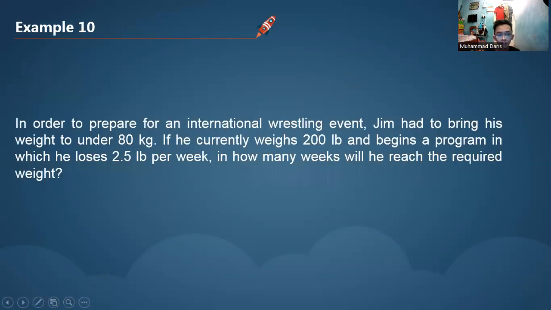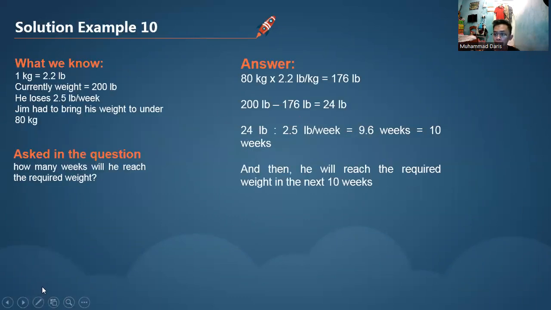Okay. Next, example 10. The question is, in order to prepare for an international wrestling, Jim had to bring his weight to under 80 kilograms. His current weight is 200 pounds and he begins a program in which he loses 2.5 pounds per week. In how many weeks will he reach the required weight? Okay. The solution of example 10.